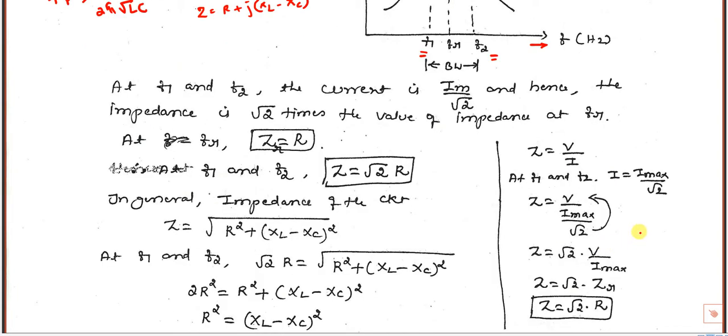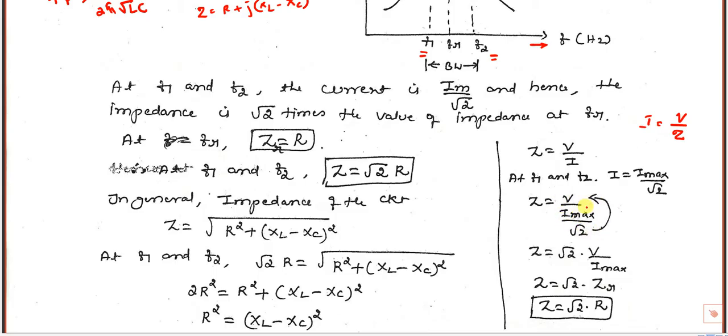So why is it root 2 R? You can see the definition. We know that I is equal to voltage divided by Z, so Z is equal to V by I. At F1 and F2, I value is Im by root 2.